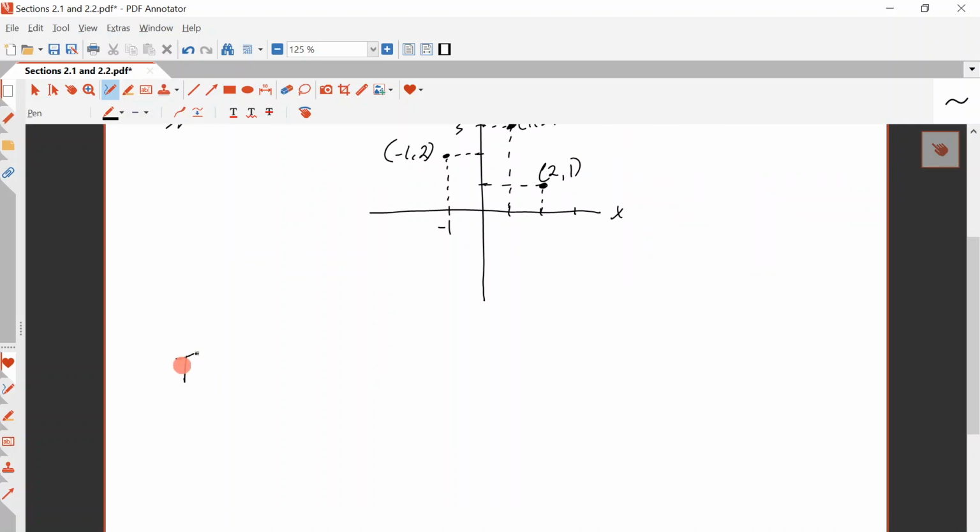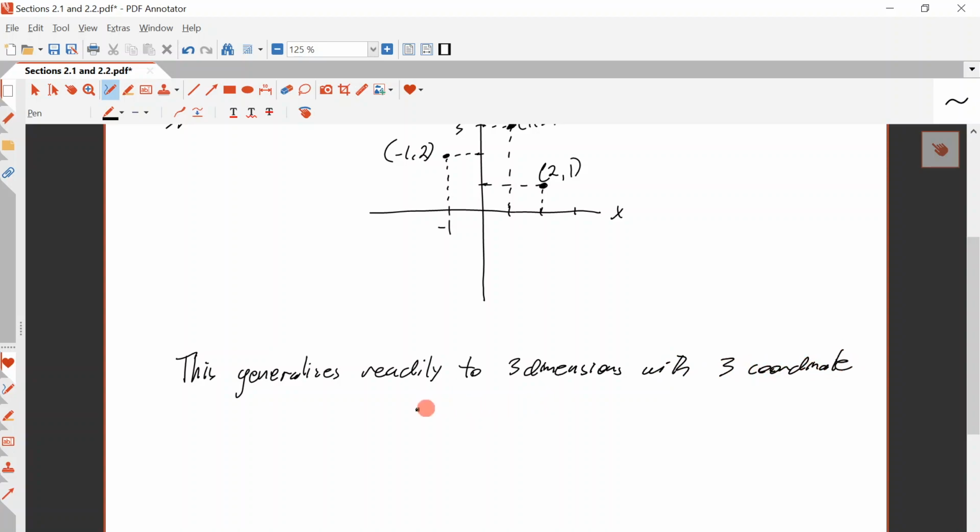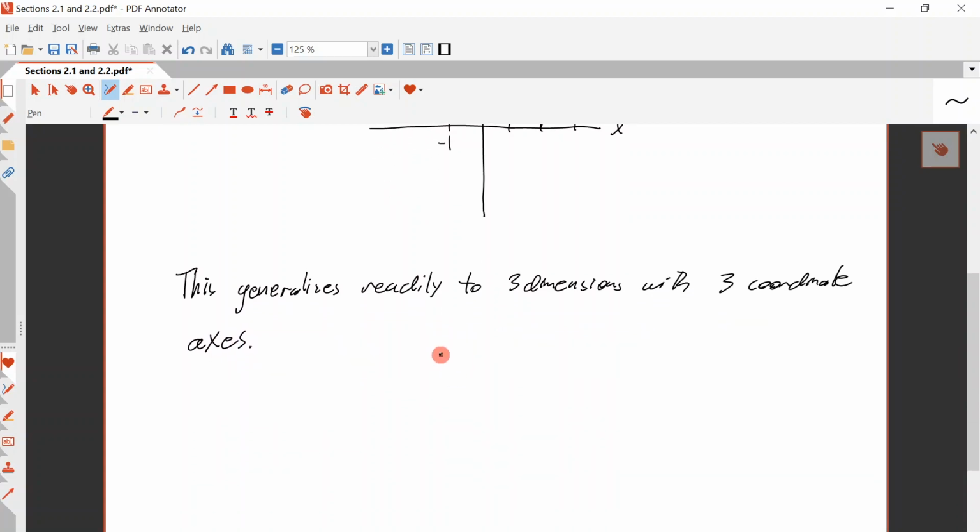And this generalizes readily to 3 dimensions with 3 coordinate axes. So in 3 dimensions we have 3 axes.